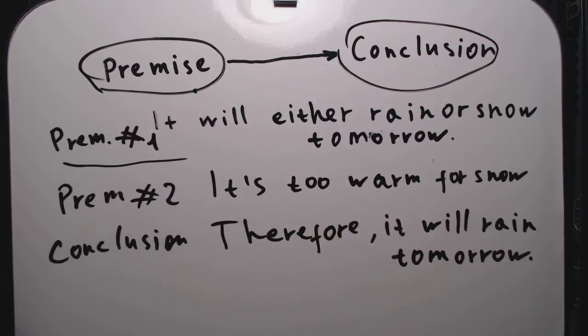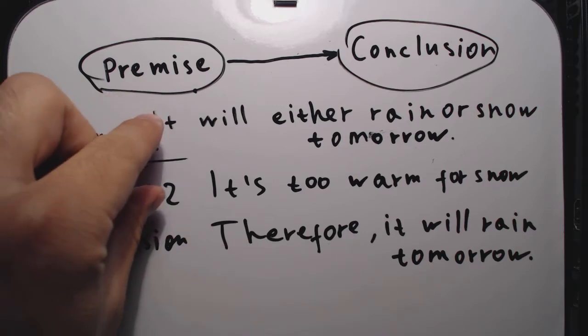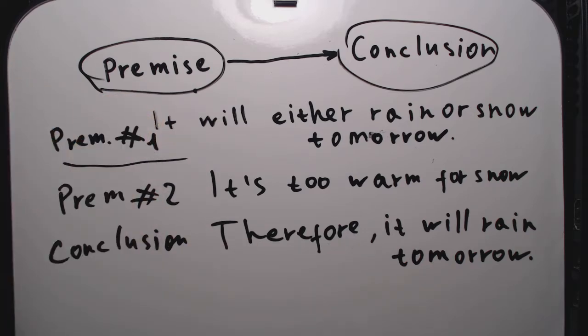Make sure that your arguments abide by this simple rule of logic that says that an argument, in our case a deductive argument, is valid if the premises are related to the conclusion in such a way that the conclusion must be true if the premises are true.